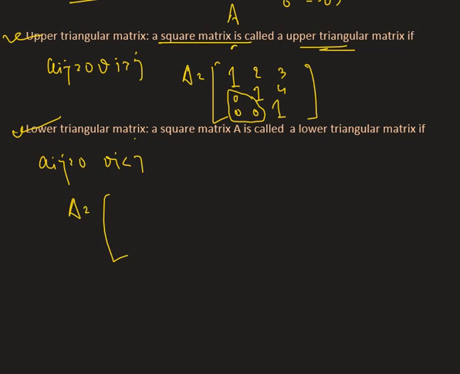So obviously it is defined as: in the lower triangular matrix, all the elements above the main diagonal are 0. Suppose we have here 2, here 3, 4, and all the elements above the main diagonal are 0, that is these elements.